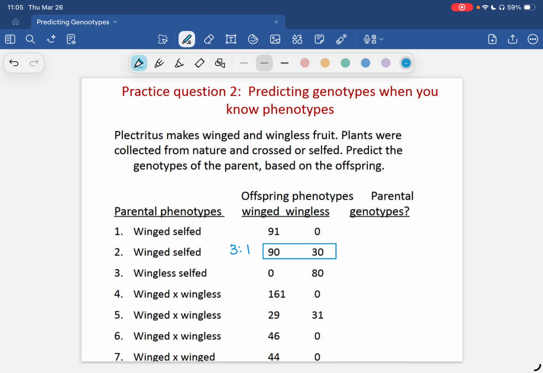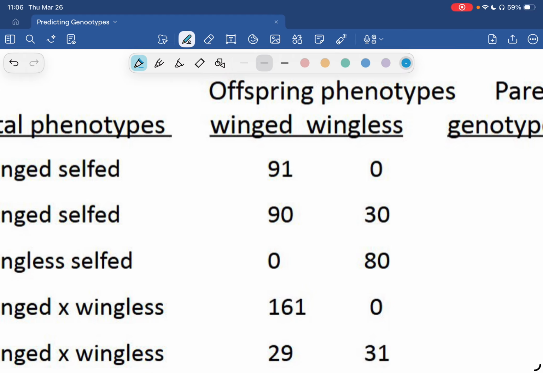So it's interesting that in the first one we have winged selfed and we get all winged individuals, but in the second parental phenotype, we also have another winged selfed, but it produces a different product of offspring. So this 3 to 1 ratio is what ends up telling us that the winged individuals are dominant. Because right here, winged individuals.